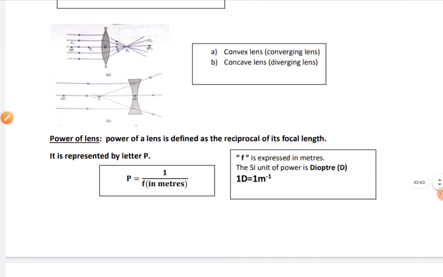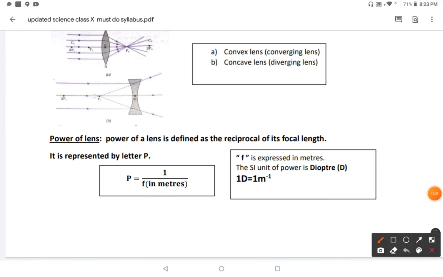Now let us see how the convex lens is called converging. The rule is the same. If the ray is parallel to the principal axis, it passes through the focus. But the main difference between the mirror and the lens is that a lens is always transparent. It is made up of two spherical glasses, and this is called the optical center. This is called F1.